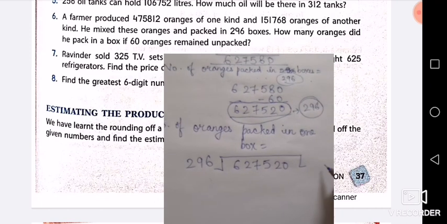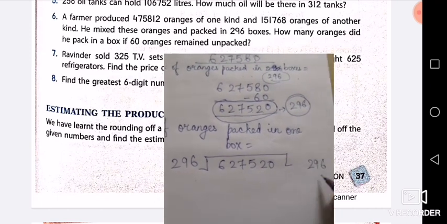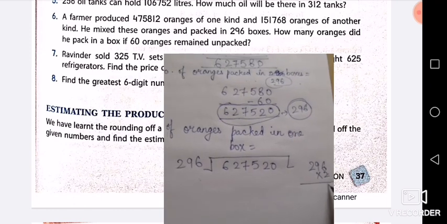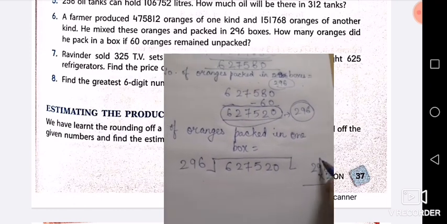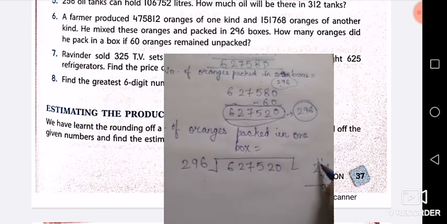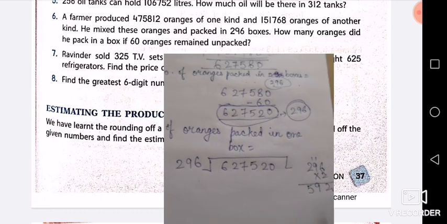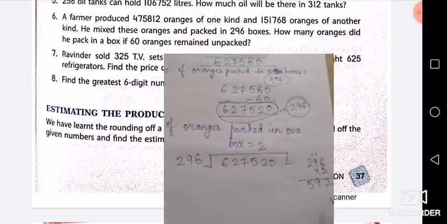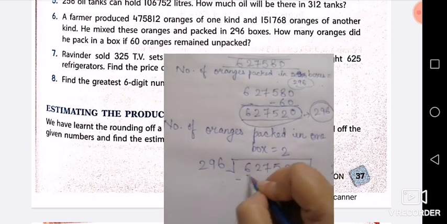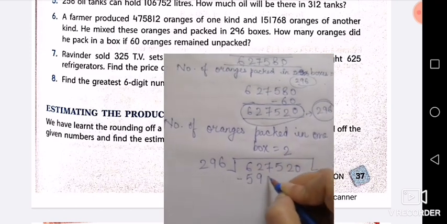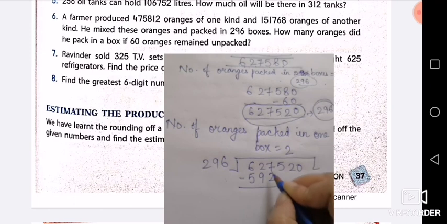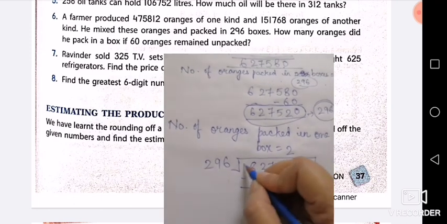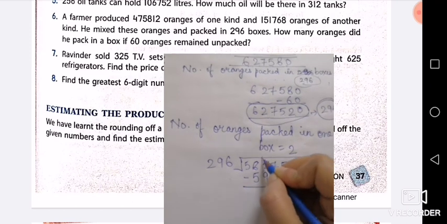Here it will go 2 times, 296 will be multiplied by 2. Now 2 6s are 12, 2 9s are 18, 1 19, 2 2s are 4 and then 1 5. So it will go 2 times, we'll write here 592. Okay, now 7 minus 2, 5 you will get. This will become 5 and this will become 12.